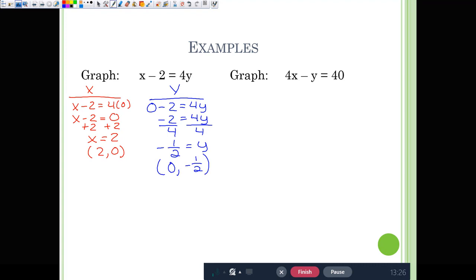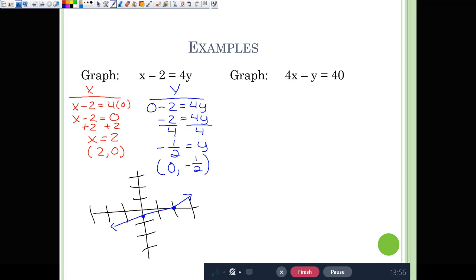I'm going to draw my graph. At 2, 0, I'm going to plot my x-intercept. At 0, negative 1/2, I'm going to plot my y-intercept. And then I'm going to draw my line. Okay?